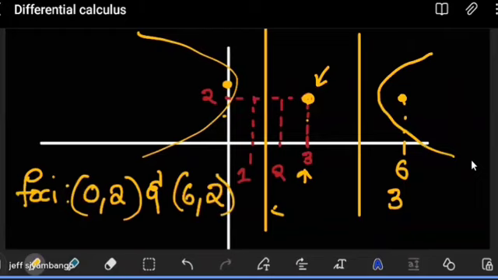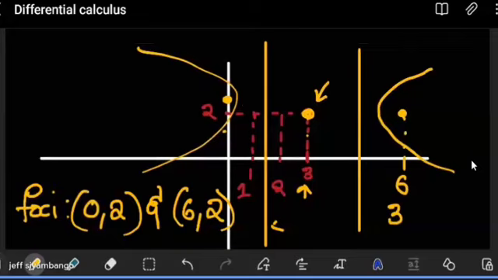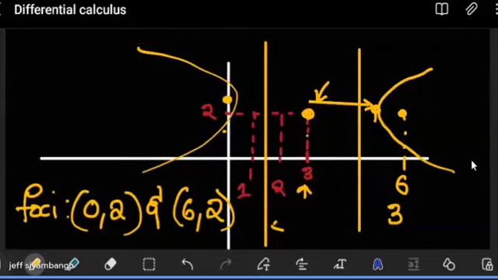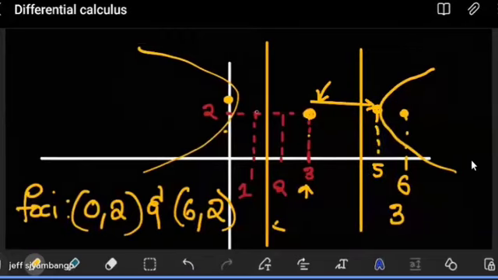The vertices: a is 2. So from 3, add 2, it will tell you where this vertex is going to be. So 3 plus 2 is going to be 5. And then 3 minus 2 will give you 1.